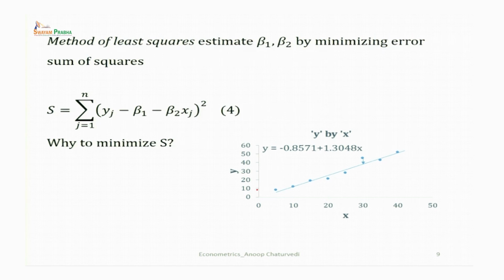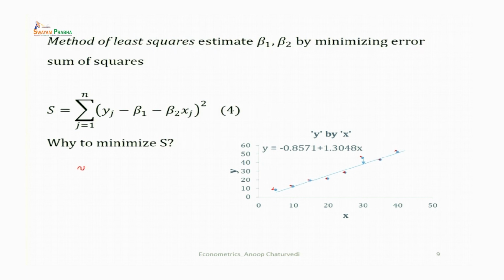So, suppose we have some observations on x and y, and then we have plotted those observations. So, these are different observations, and this straight line is the best fitted straight line. Then, to obtain the values of beta 1 and beta 2, or to obtain this best fitted straight line, we minimize the error sum of squares.